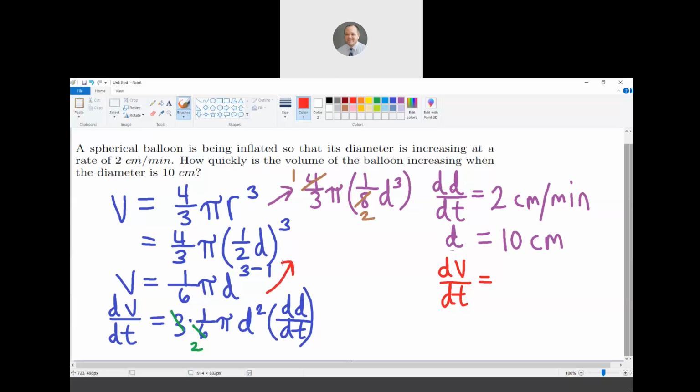And let's leave our answer in terms of pi. So we have dV over dt equal to 1/2 times pi. We are given the diameter, that's 10, and we are squaring it. And we are given the diameter rate when it's increasing with respect to time, so dd over dt is given to be 2.